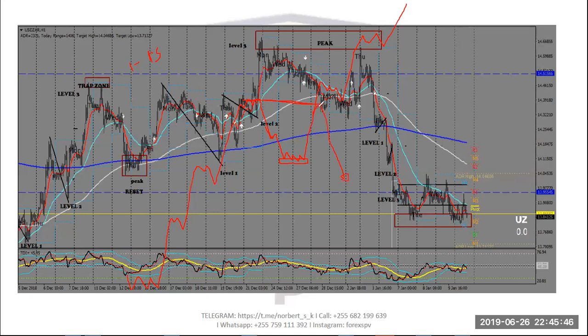So you need to find the dealer breaking this previous peak, like what he did here. This one was the peak. He moved from the peak reset here. He moved level 1, level 2, and here level 3. He will come to form a peak here. This now is the peak reset. This was another cycle.